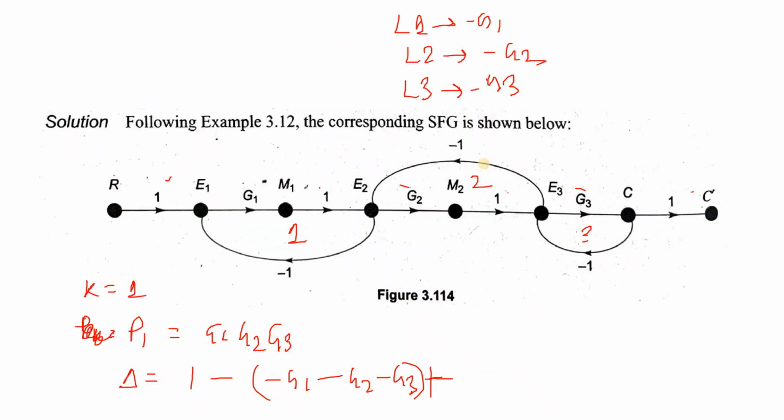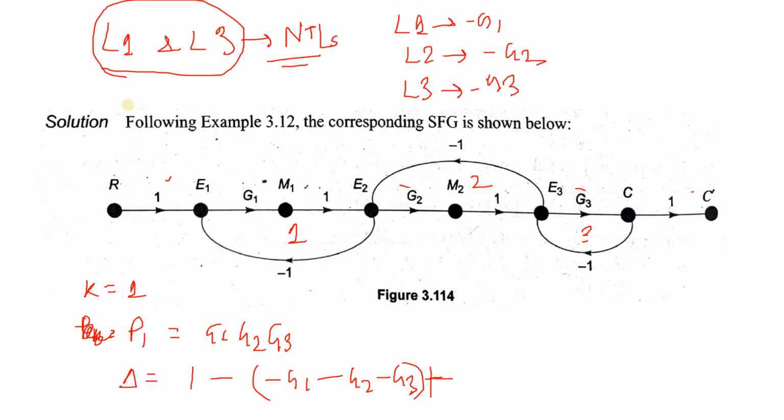You have to find out the non-touching loops. So in this case there are two non-touching loops, loop 1 and loop 3 are non-touching loops. So how many pairs are there? Only one pair is there. Only one pair. एक ही जोड़ा है.